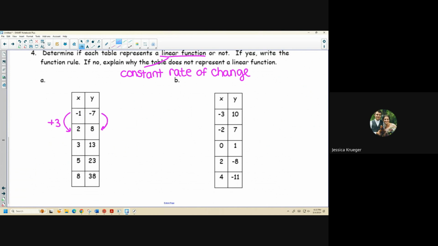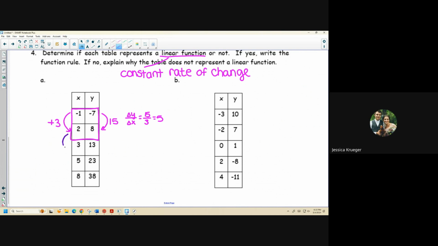From -7 to 8 is an increase of 15. So if I do change in y over change in x, I'm going to get 15 over 3, which is 5. So I know the rate of change between these first two sets of points is 5.